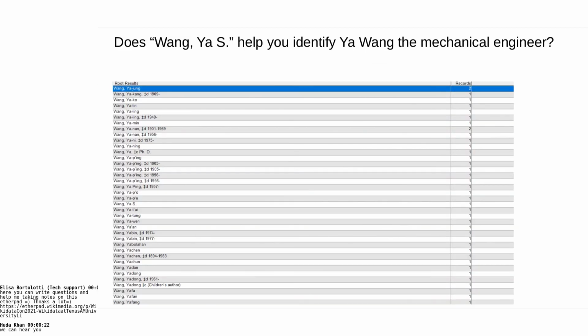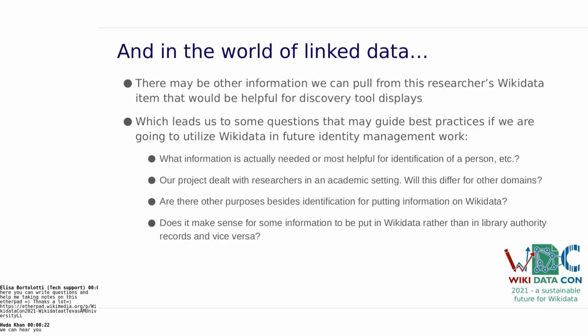So does his middle initial S help you identify Ya Wang, the mechanical engineer, from everybody else that shares his name? Maybe not so much, right? Unless you knew S was his middle initial. In a lot of cases, we don't necessarily have that information. However, in the world of linked data, things have the potential to change.